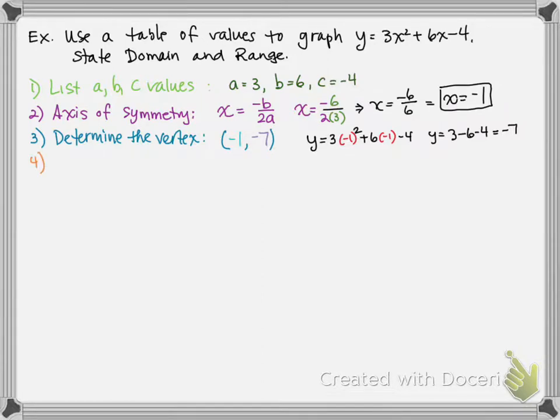So create the t-chart. So I have x, y, and I'm going to put my vertex in the center. So we're going to say it's -1, -7. So remember what I said. We're going to take that vertex. Actually, let me get rid of this line.